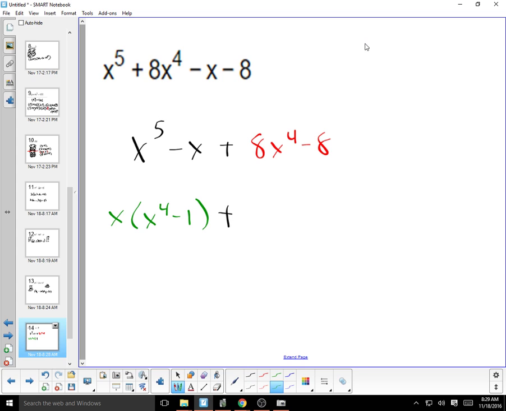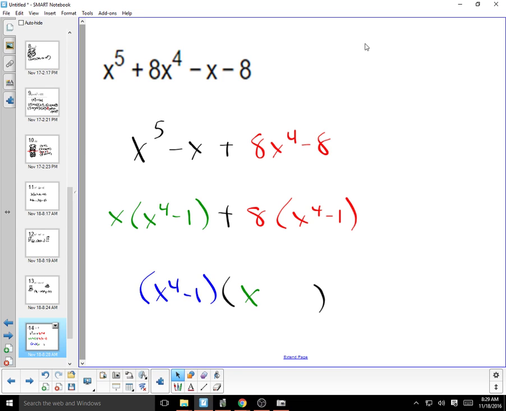Plus, factoring out an 8, I get x to the fourth minus 1. You see that? Both have x to the fourth minus 1 in common, so I'm going to factor that out. This gives me x to the fourth minus 1, and what's left is the x from the front and the plus 8 from the right.